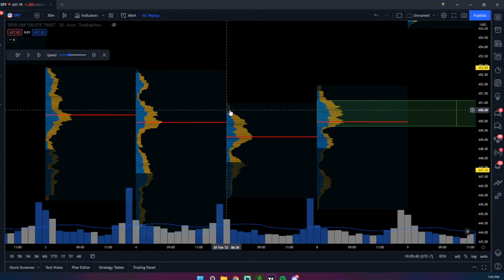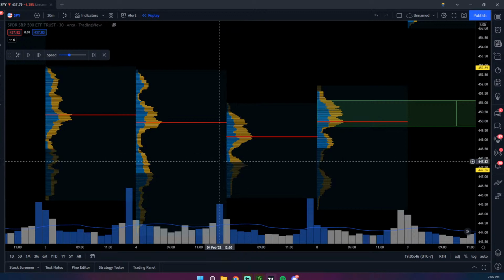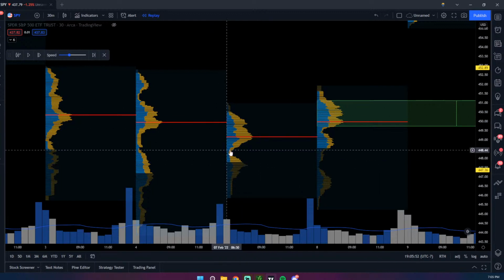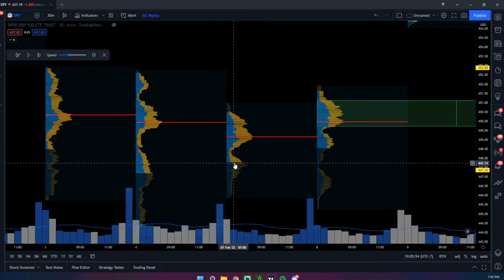So our value area here is where 68% of the trading volume takes place on any given day. The only really key important thing for me about the value area is there's a rule that's very good for newer traders, because it's a good, easy trade to take. You just have to trust it.